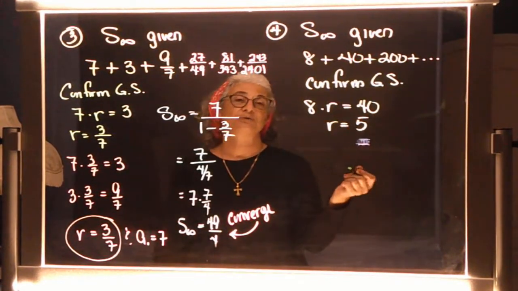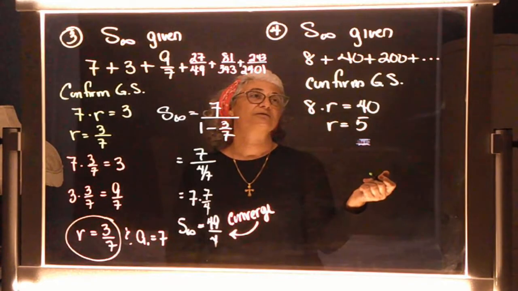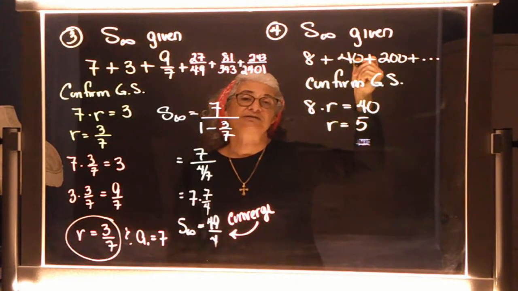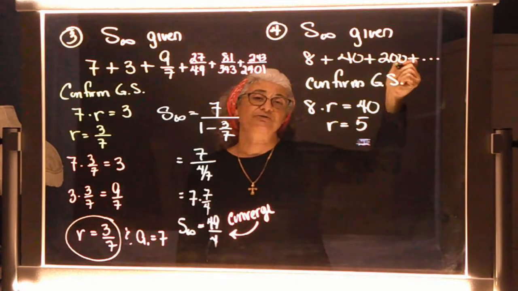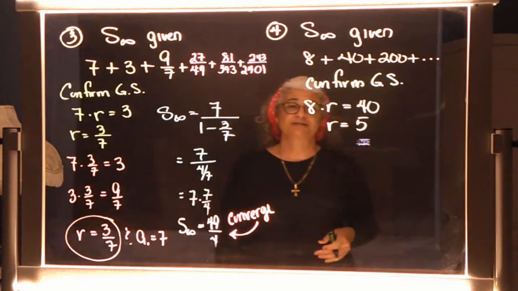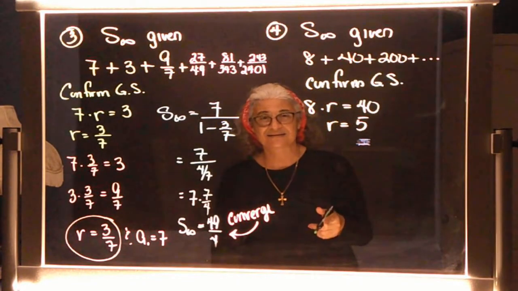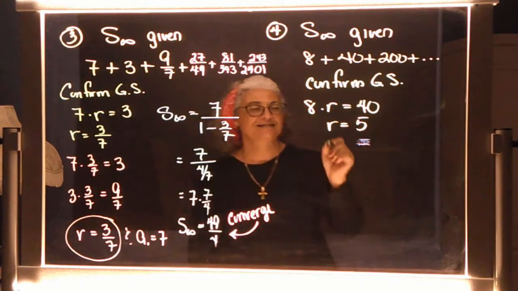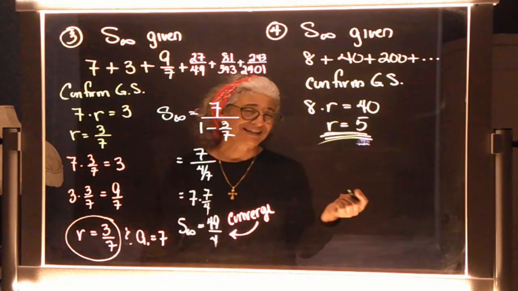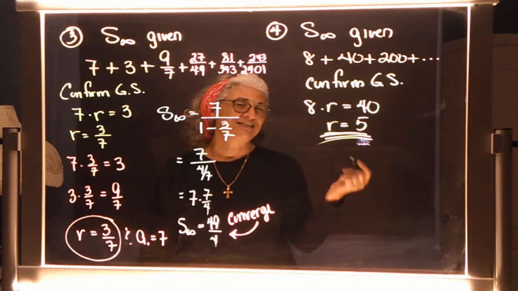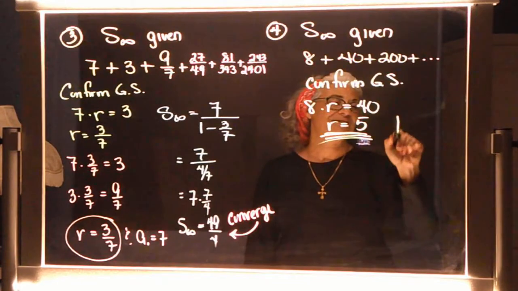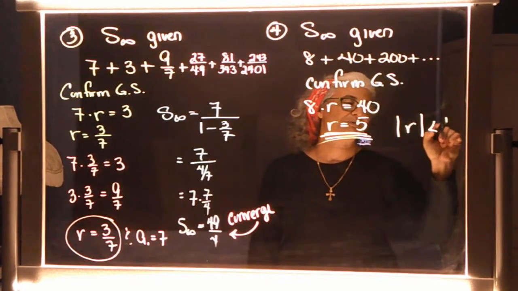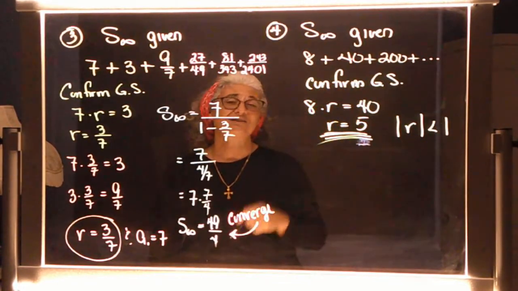So 5 would be my common ratio. 8 times 5 is 40, right? 40 times 5 is 200, right? So confirmed, definitely a geometric sequence. But is this r correct? Yeah, no, because the formula says you need the absolute value of r to be less than 1. This truly is not less than 1.